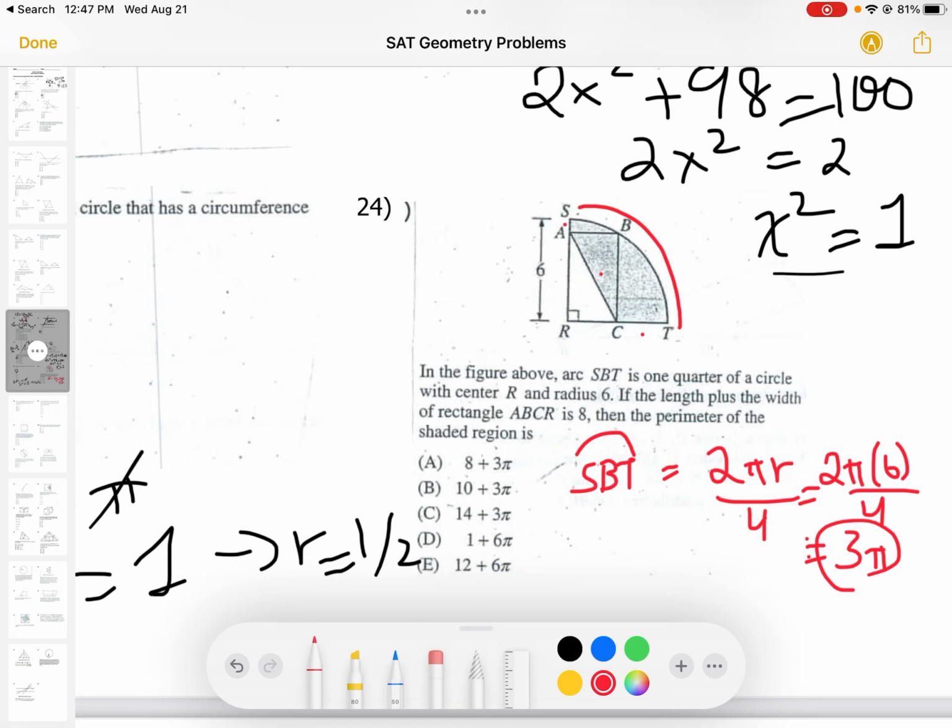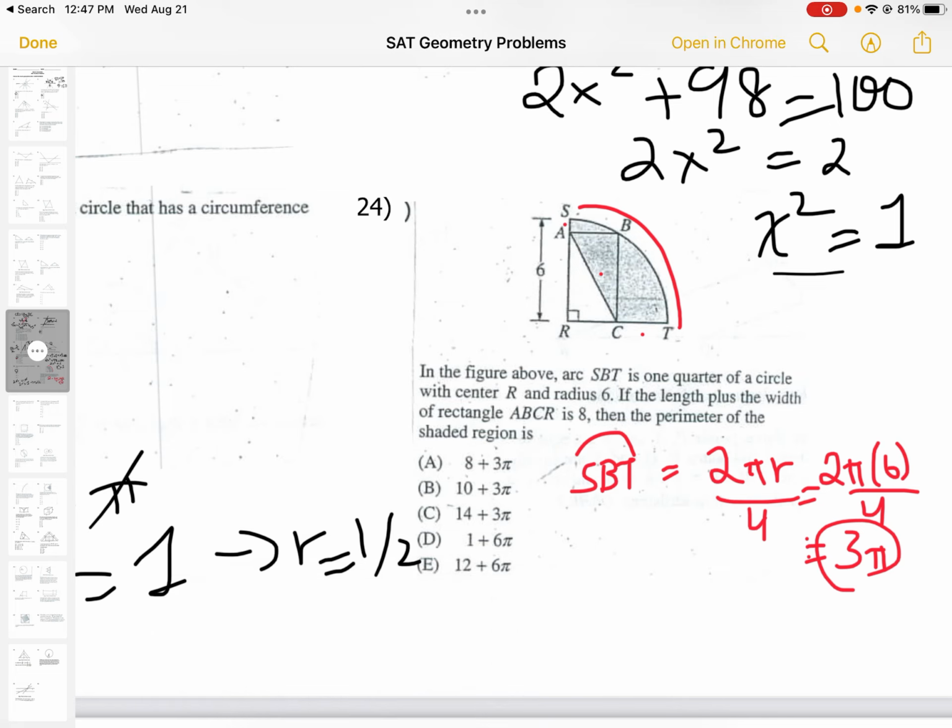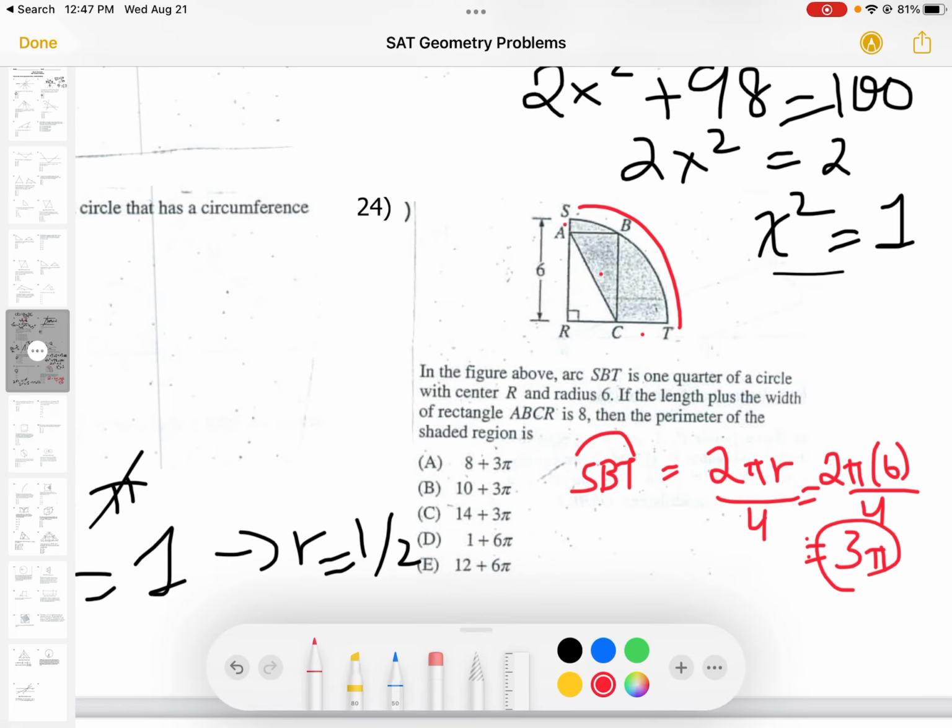Now we need to find the length of the remaining items, right? So let me find the length of this diagonal AC, just on the perimeter. Now, from the properties of a rectangle, we know length AC is equal to length RB.